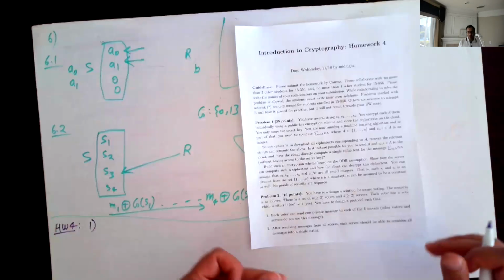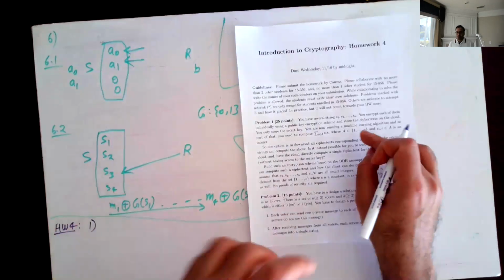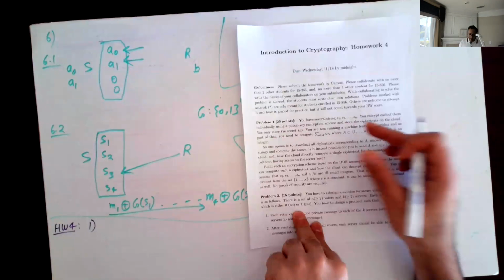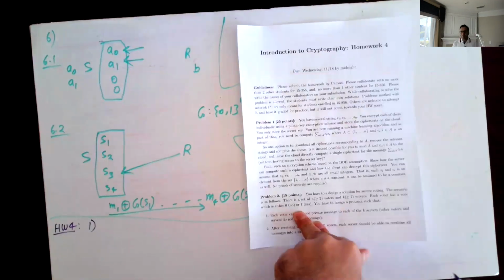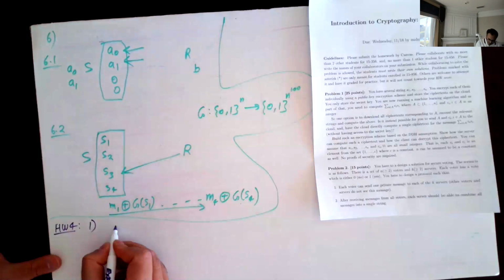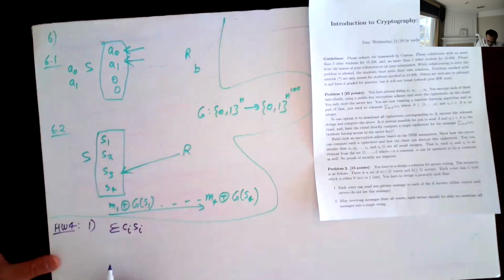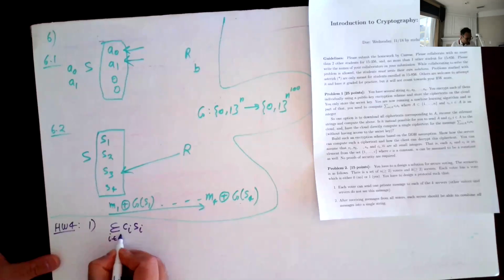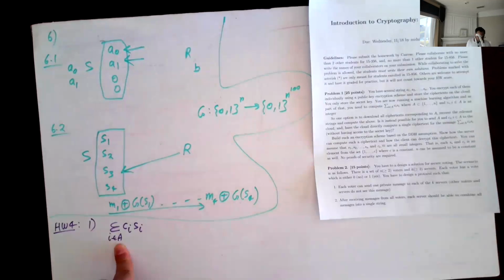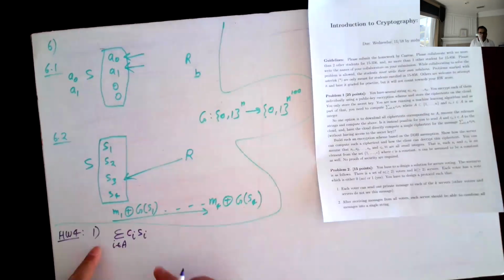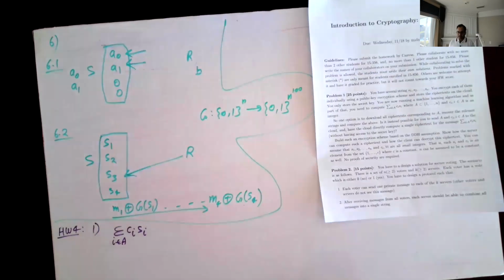In the first problem, you have several strings. You can also think of them as several messages. And you encrypt all of them individually. You store them on the server. And you need to retrieve summation Ci Si, where i is in some set A. So you get some set A which you are interested in, and you have these constants Ci, and you want to obtain summation Ci Si.